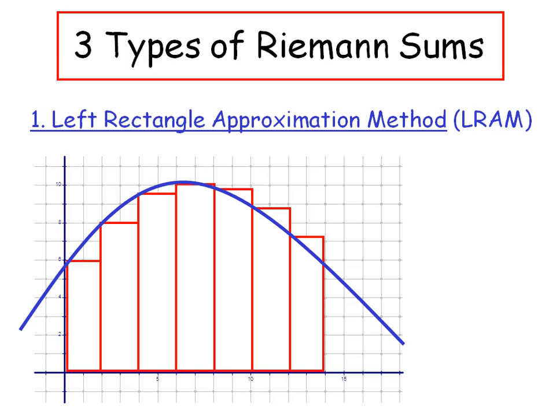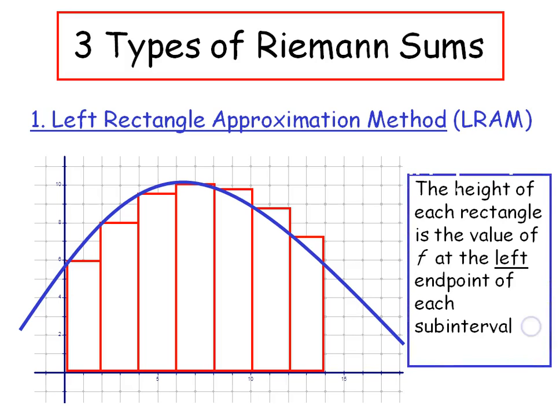So if the curve is decreasing, a left-hand Riemann sum is going to overestimate the actual area. Again, the height of each rectangle is the value of the function at the left endpoint of each subinterval.